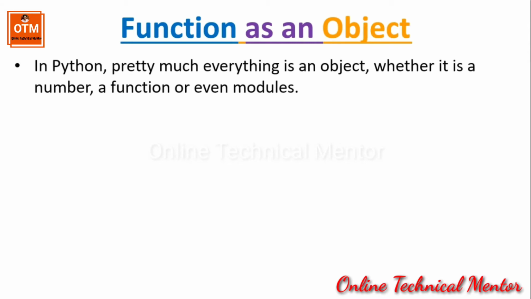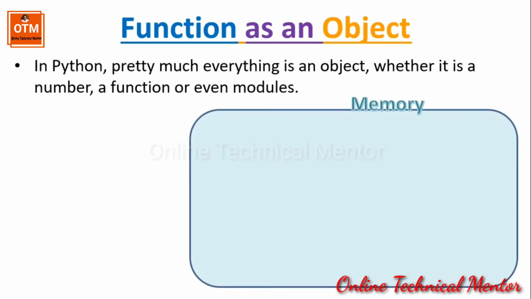In Python, pretty much everything is an object, whether it is a number, function, or even modules. Before explaining why function as an object, let me tell you one thing. Suppose consider this is a memory, that is a primary memory. And within Python, suppose you have written a equal to 10. That means in case of Python, the value 10 will occupy some space within primary memory.